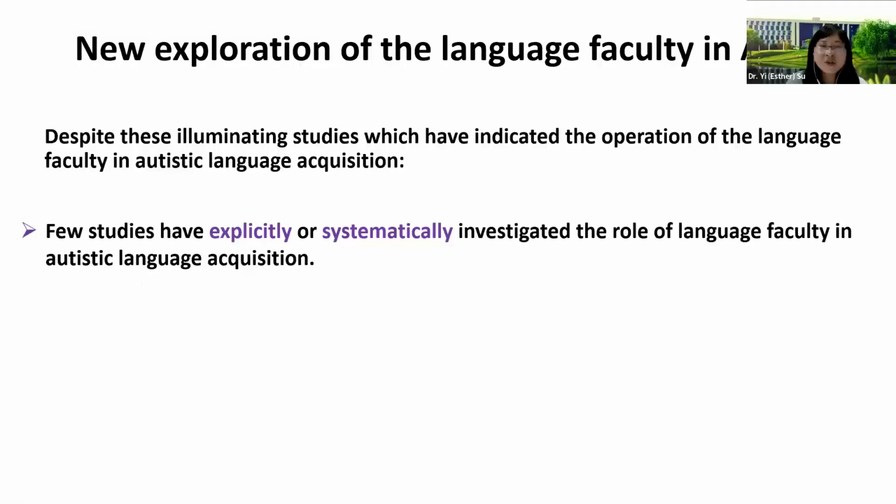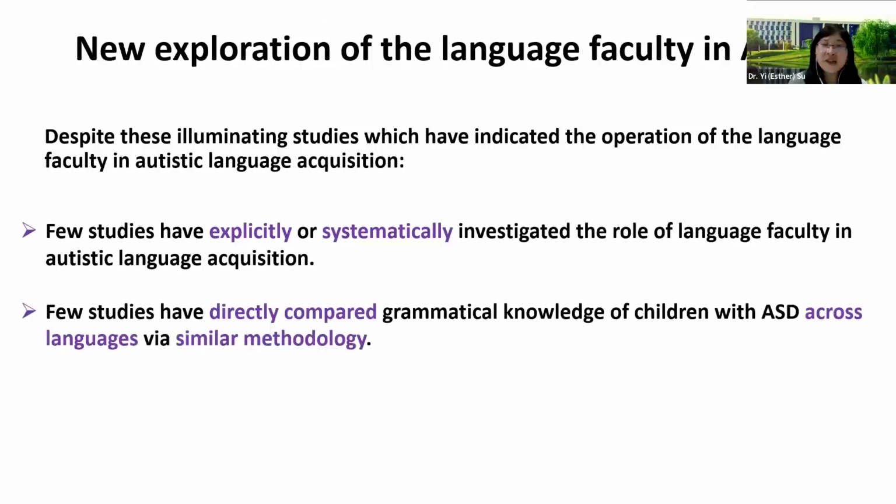Well, to summarize, despite all these enumerated studies in previous and recent English studies of children with SD and also cross-linguistic studies, we found that few studies have explicitly or systematically investigated the role of language faculty in autistic language acquisition. And also, few studies have directly compared grammatical knowledge of children with SD across languages using similar methodology.